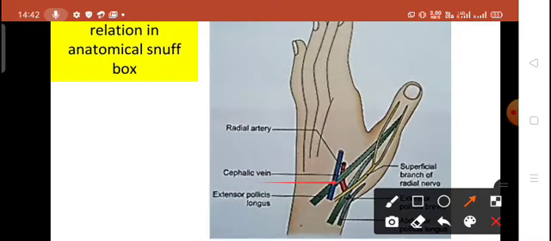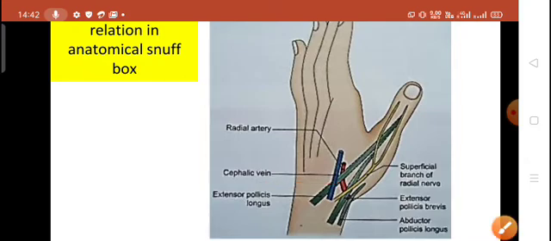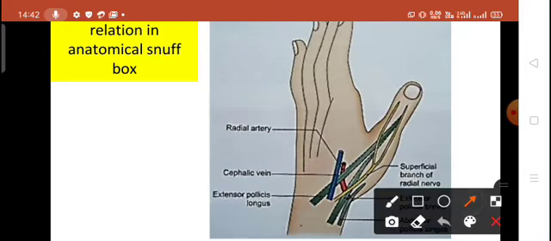The interval between the first two tendons and the third tendon is known as the anatomical snuff box.